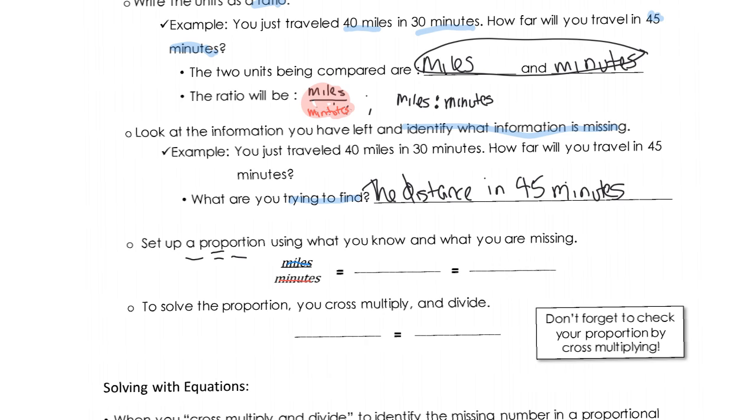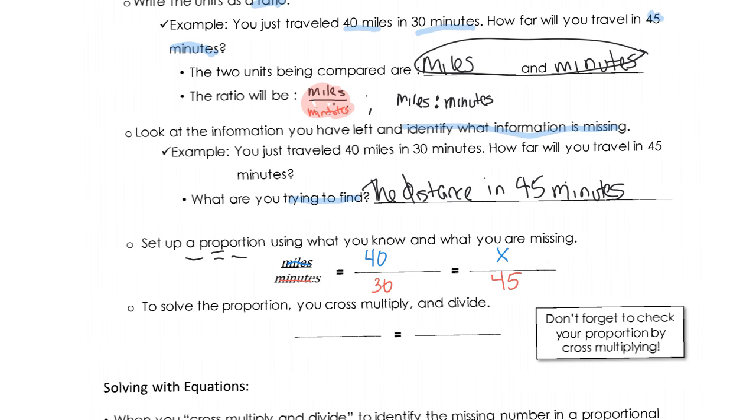So we put everything that has to do with miles on the top. So we have 40 miles over 30 minutes. And then we don't know how many miles we can go in 45 minutes. That's what we're trying to figure out.